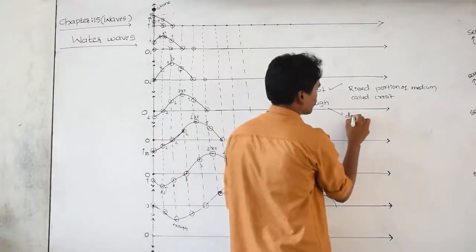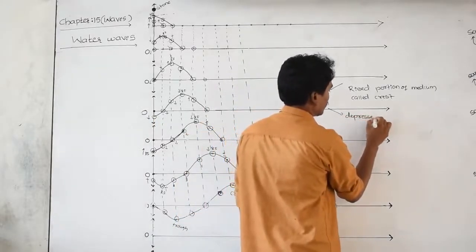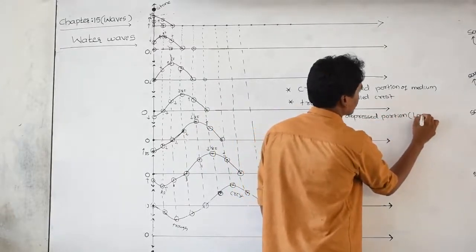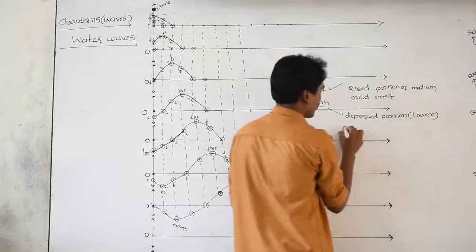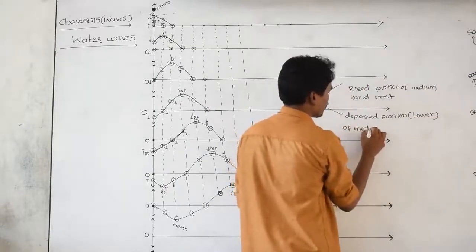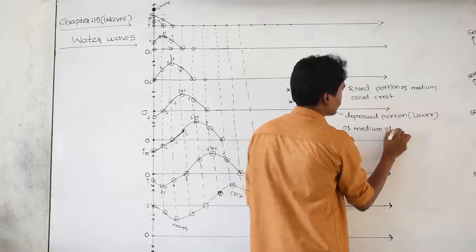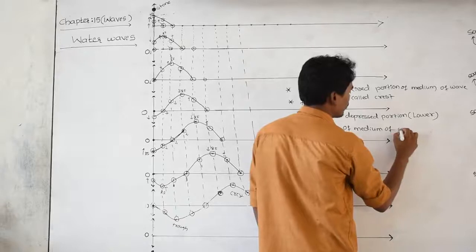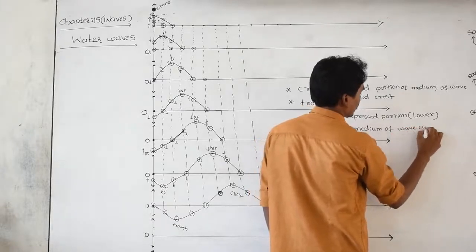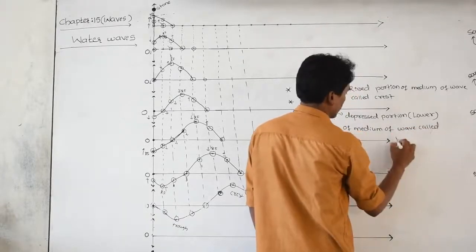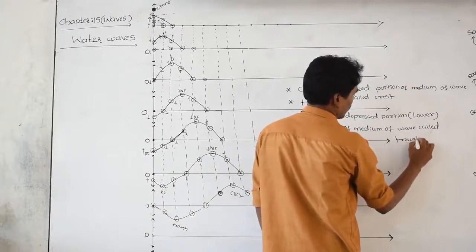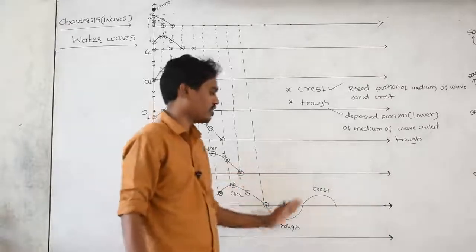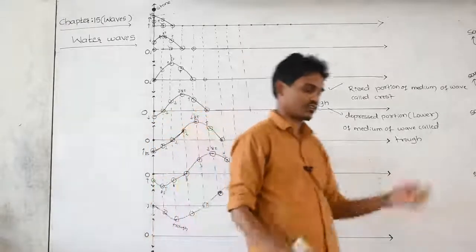The depressed portion, the lower portion of the medium of the wave, is called a trough. Yes, this is a trough, crest, trough, crest, trough, crest.